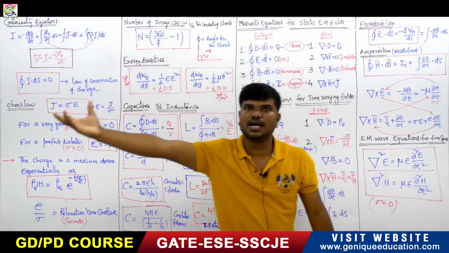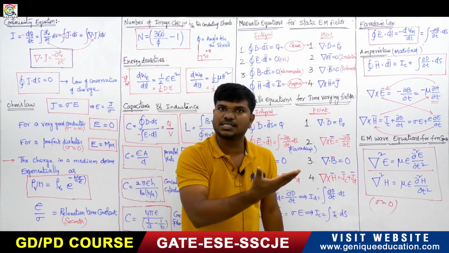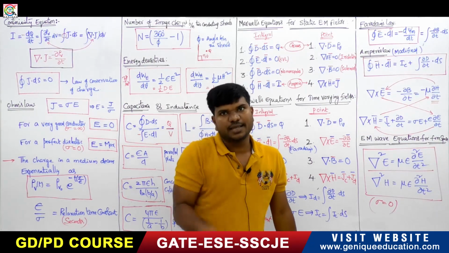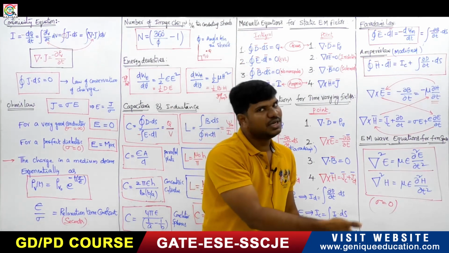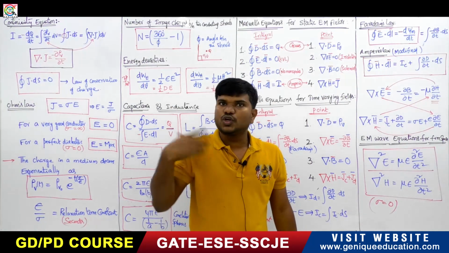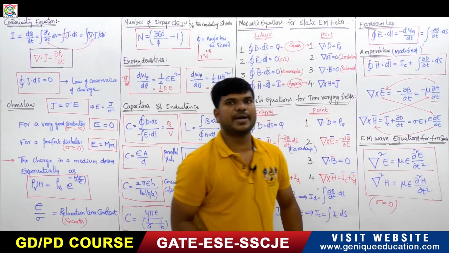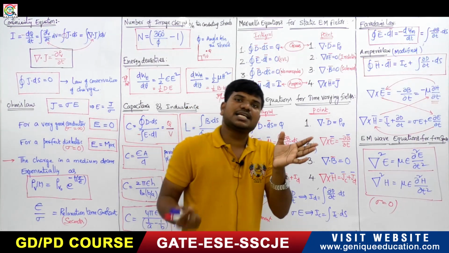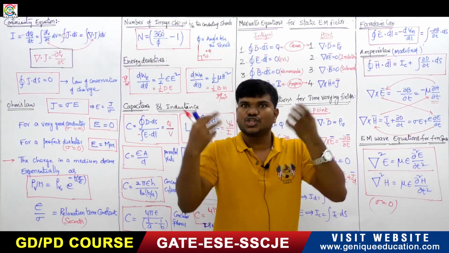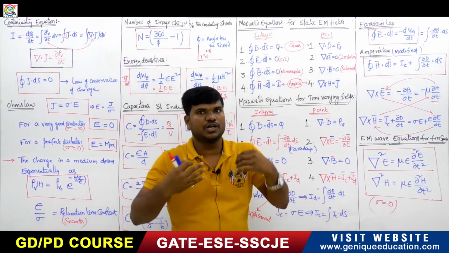If you take an AC current source, definitely the charge will be moving, one time acceleration, one time deceleration. Due to the acceleration and deceleration of the charges, you will get electric field and magnetic field.